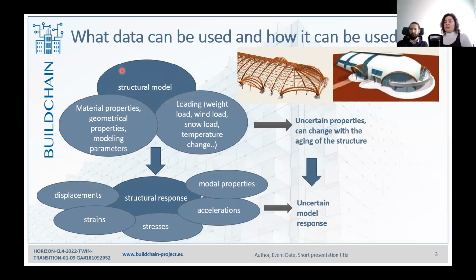Or it could be just simply forgetting about the structural model. And this is what you see here in the errors, that all these different inputs of the structural model are at some level uncertain. We never know their exact values.